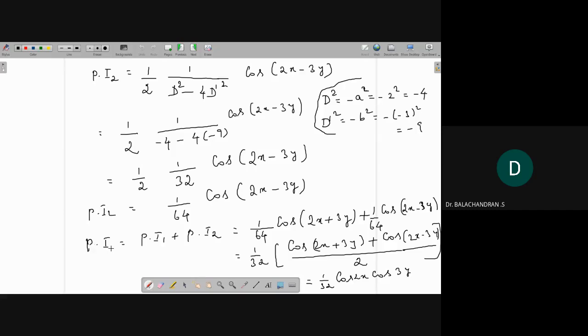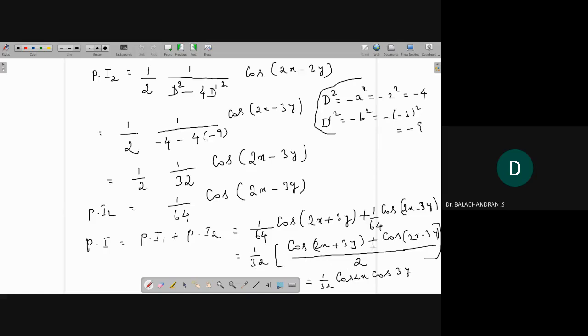So I need PI, that is equal to PI1 plus PI2. That is 1 by 64 into cos of 2x plus 3y plus 1 by 64 into cos of 2x minus 3y. So I'm taking 1 by 32 common. The remaining is cos of 2x plus 3y plus cos of 2x minus 3y divided by 2.